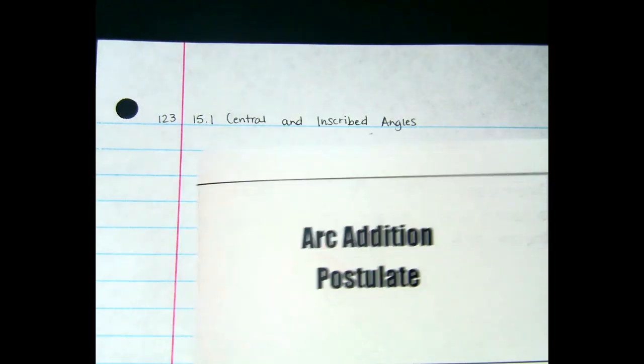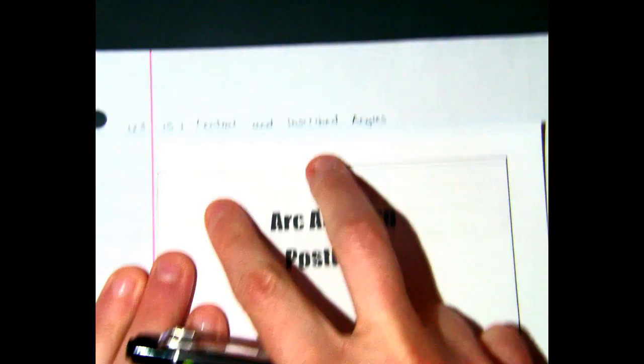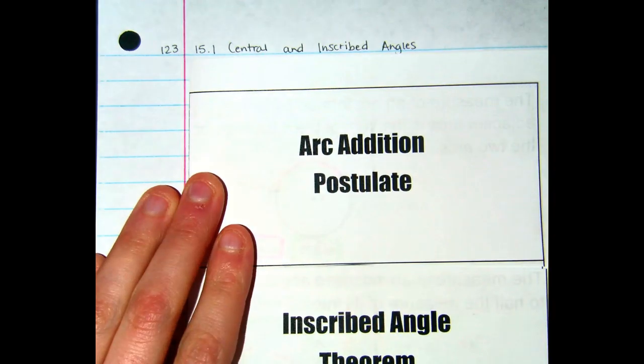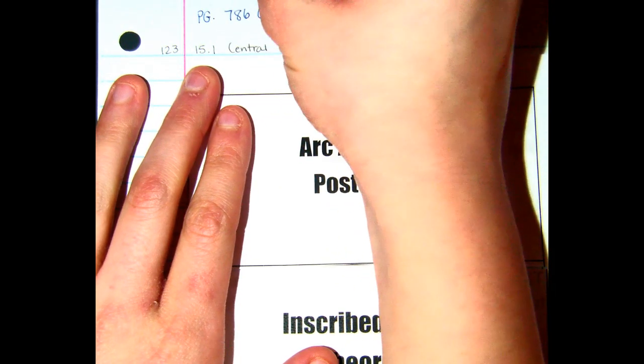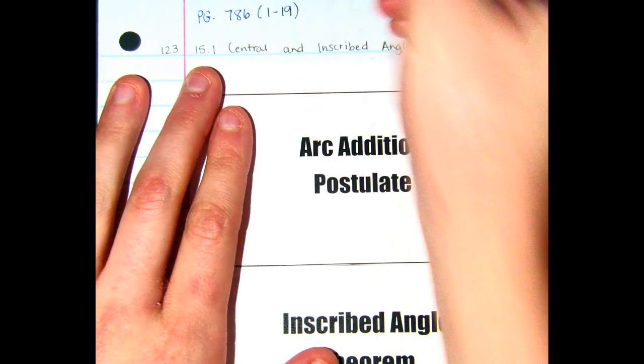And glue that to 123. When you're done gluing that in, your assignment is on page 786. You're doing 1 through 19, but you have half a class to finish it.